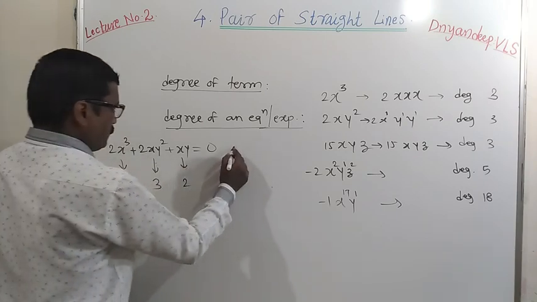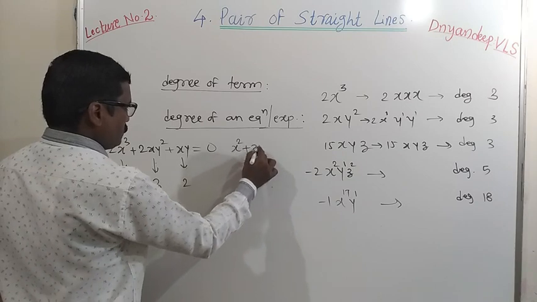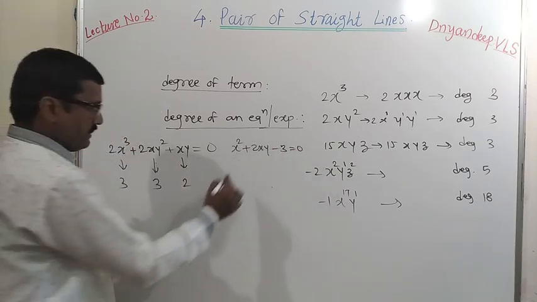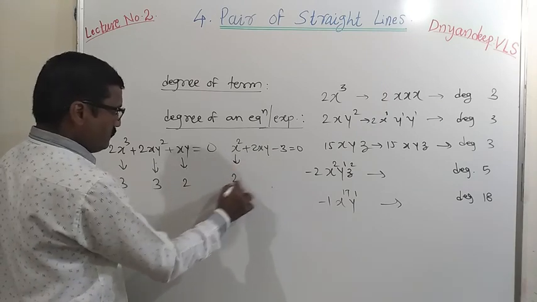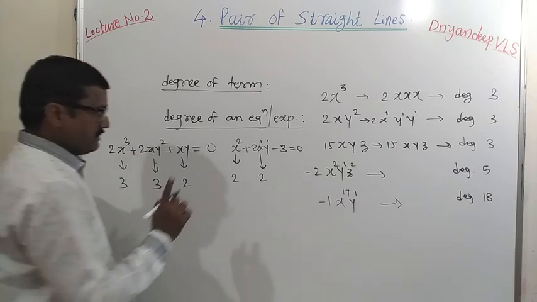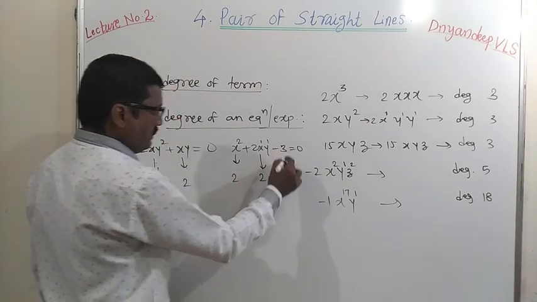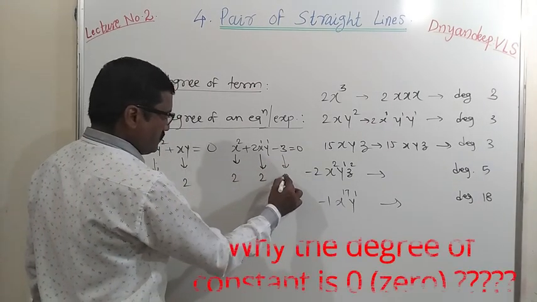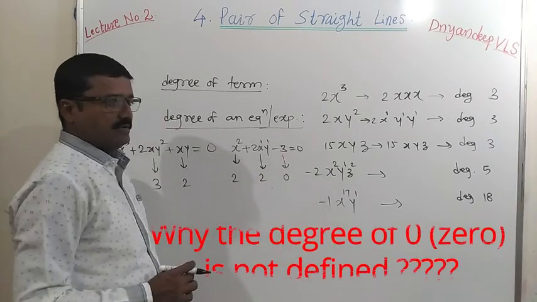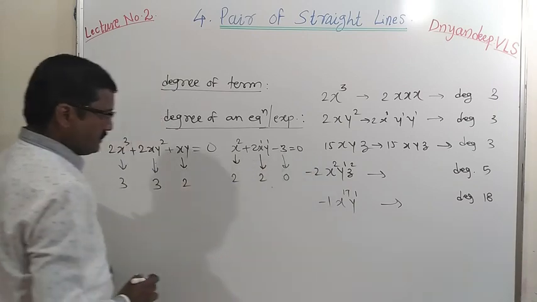In another example, suppose x square plus 2xy minus 3 equal to 0. Here the degree of this term is 2, the degree of this term is also 2, because 1 x and 1 y are there. Here there is no variable, so the degree of a constant is considered as 0, and we can't define the degree for 0.